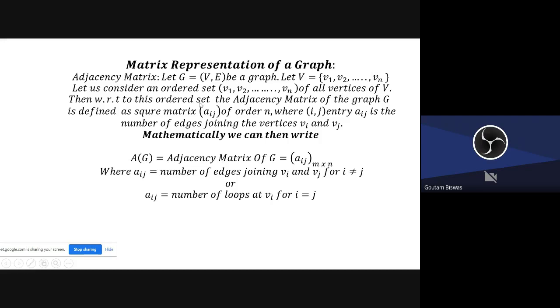Then with respect to this ordered set, the adjacency matrix of the graph G is defined as the square matrix Aij, where the ij entry Aij is the number of edges joining the vertex Vi and Vj. Mathematically, you can then derive.